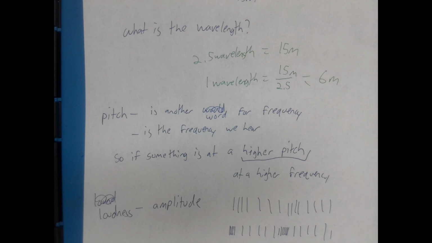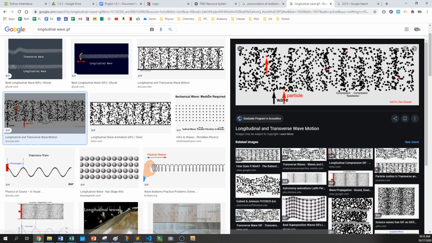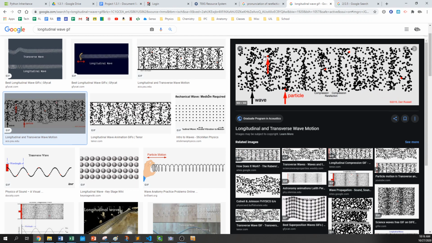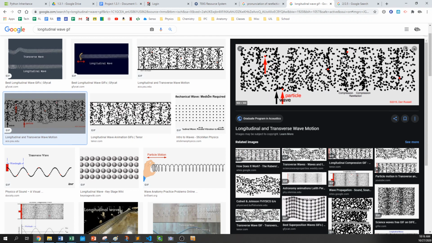So waves carry energy or transport energy between two different points. What they don't carry with them is mass or matter. So with sound waves, for example, if we look at this image of a sound wave, the individual particles don't move along with the wave.